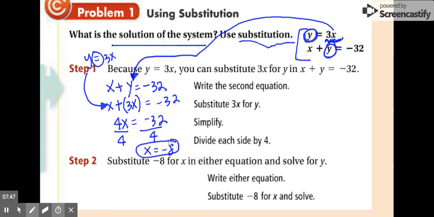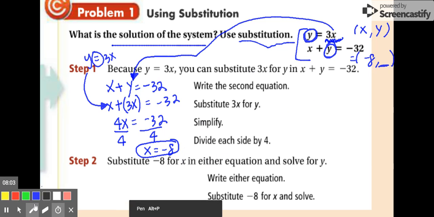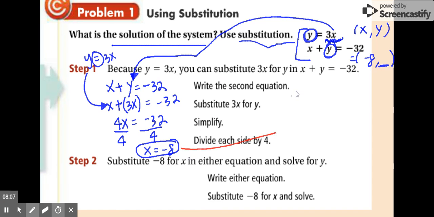So now we're not done, because the solution of the system, the answer looks like this, an ordered pair. So now you just found negative 8, but now you need to find y. How do you find this? You need to plug back into one of the equations, it doesn't matter. So I'm going to plug into the first one, because the first one looks simpler.